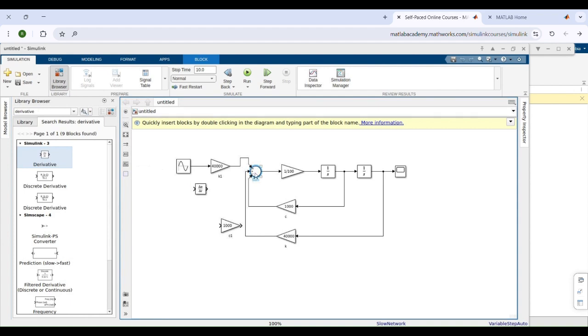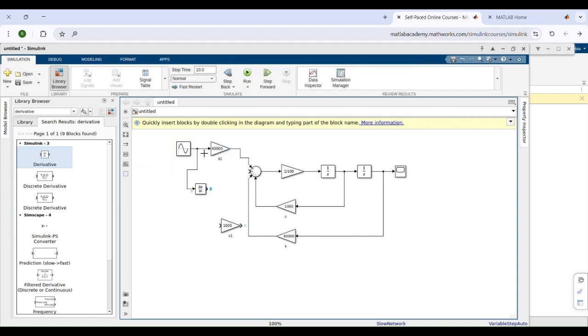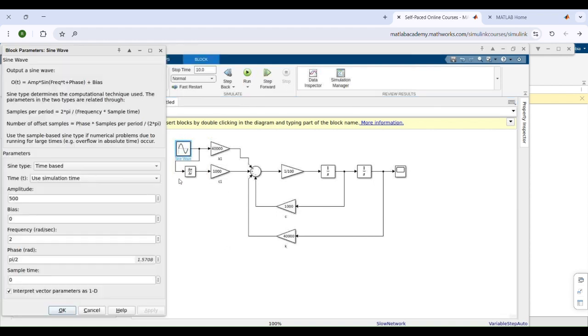Yes, we want to move this here, and this will be here, like this. And we need to edit this sign to 1.1, and this will be 0.